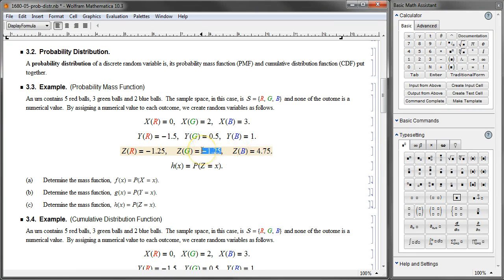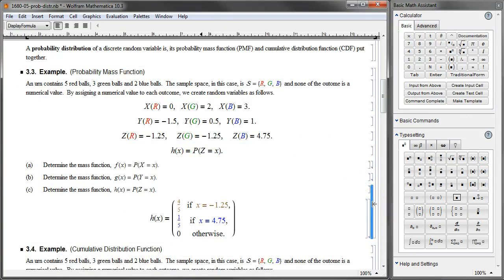When x equals -1.25, you have either red or green, so that probability is 0.8. Yes, there are 8 such balls. And when x is 4.75, what's the probability that Z takes that value? You have to have blue balls, so that probability is 0.2. Otherwise, all 0.